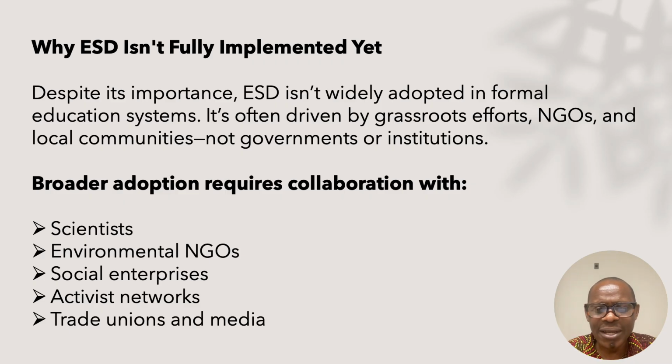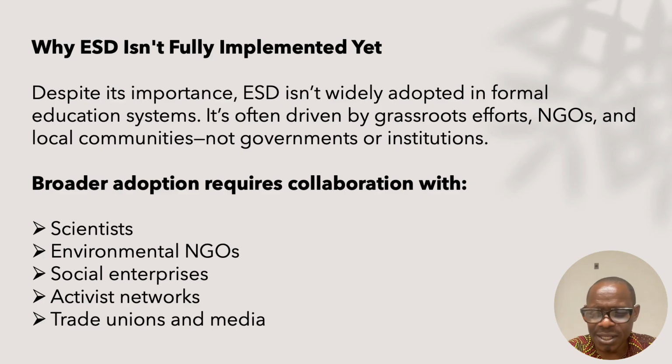Broader adoption requires collaboration with scientists, because they do the research, and that research could be integrated in educational sustainable development. Environmental NGOs, because they work with the interface with community, so they do get a lot of knowledge and experience on environmental issues.